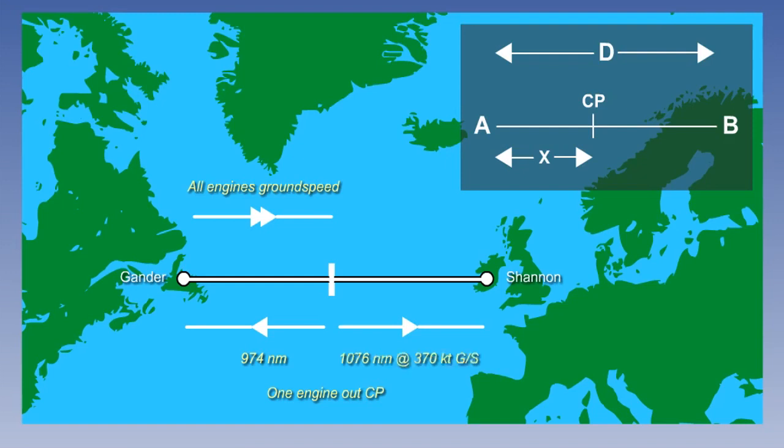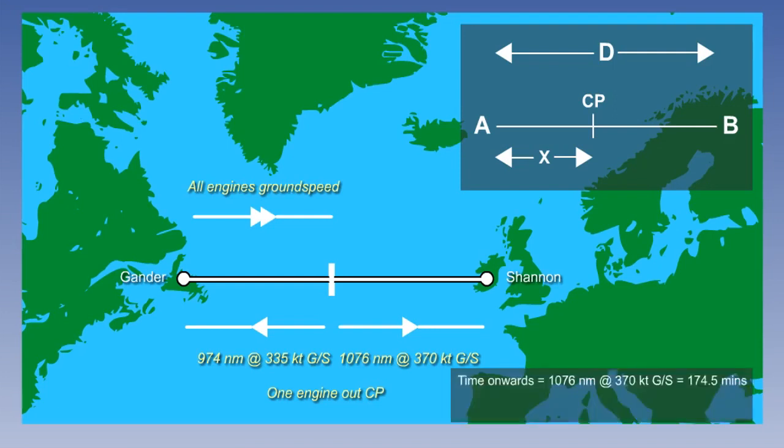O, the reduced ground speed onwards, is 370 knots. And H, the reduced ground speed home, is 335 knots. As before, if you get your calculator or nav computer out, you find that the time onwards, that is, 1,076 nautical miles at 370 knots, comes to 174.5 minutes.